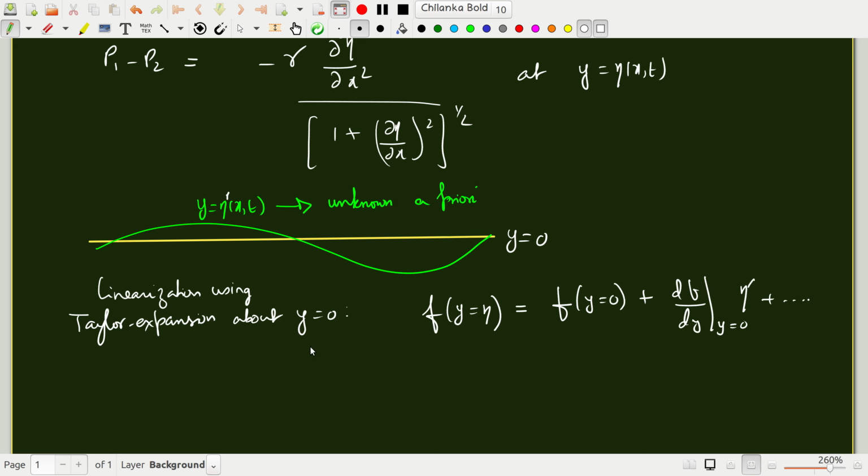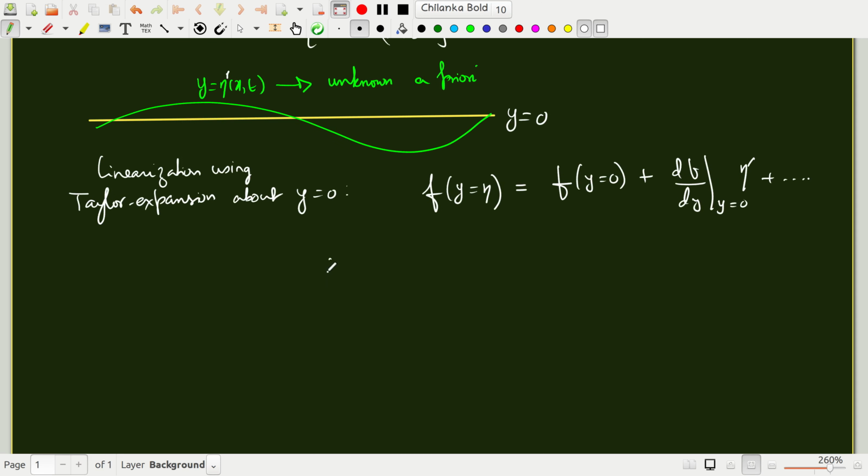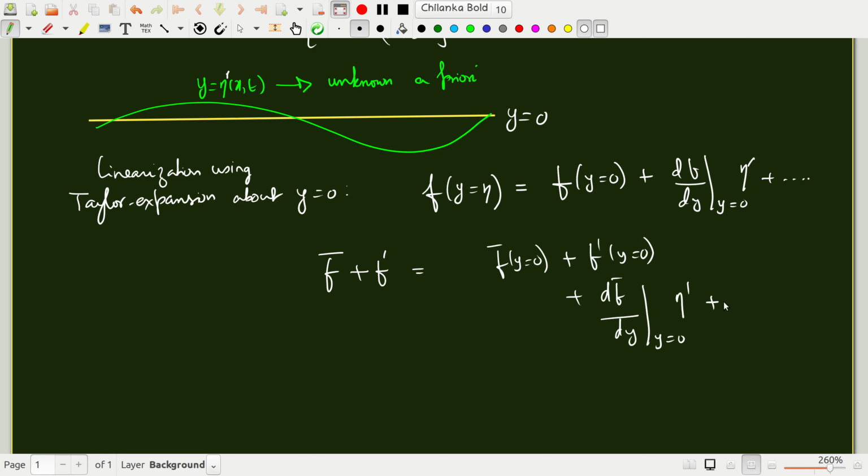And remember that f itself will have both base state plus perturbations, f is f bar plus f prime. So this is f bar at y equal to 0 plus f prime at y equal to 0 plus df bar/dy at y equal to 0 times η prime plus df prime/dy at y equal to 0 times η prime plus higher order terms.